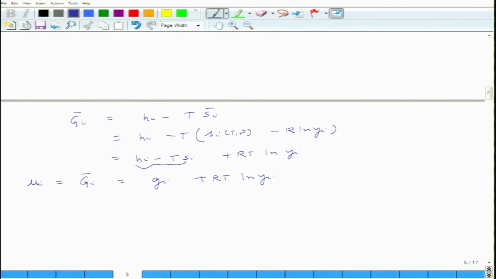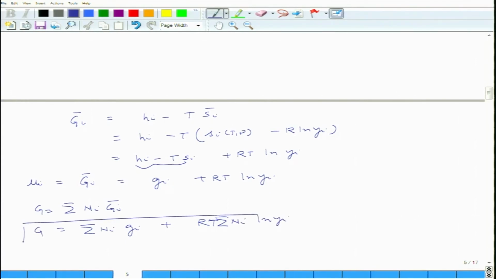Okay. So, now I can make use of the fact that G is nothing but summation Ni Gi bar. So, I can get G as summation Ni gi plus RT summation Ni ln Yi. So, this is the expression for my G. Okay.